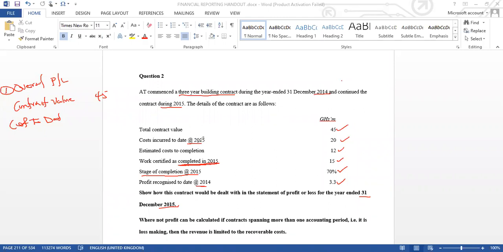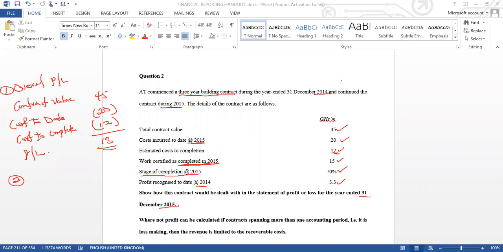Cost incurred to date at 2015 is 20. Estimated cost to completion, we have 12. Please, when you less, how much do you have? I'm having 13. Meaning that it is profitable. Therefore, I need to go on to step 2.